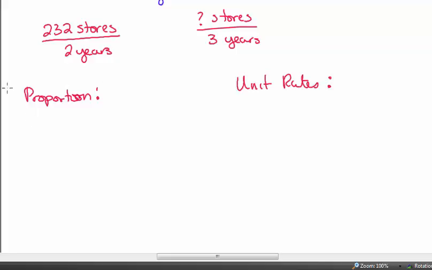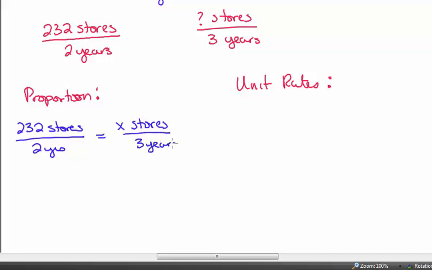Okay, solving this with a proportion, we set these 2 equal to each other. And I call the number of stores x because I don't know that. And then I cross multiply, and I have 2x is equal to 232 times 3.